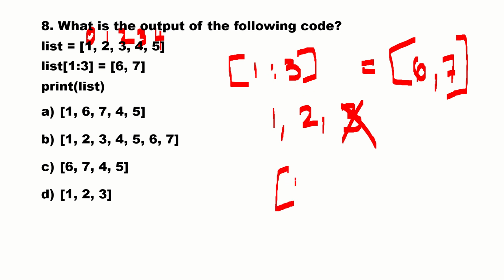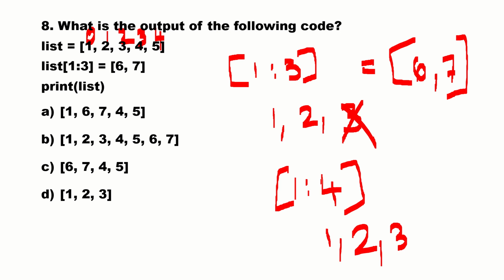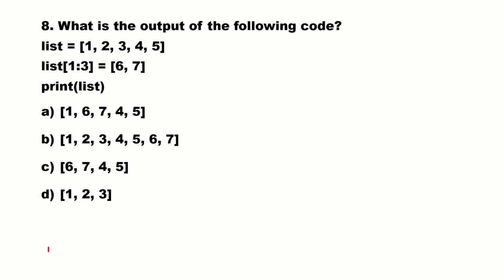If they are asking you to write the indexes 1 to 4, that means here you can include 1, 2, 3, but the fourth index will not be included. So coming back to this question, wait, let me erase. Okay, so 6 and 7.